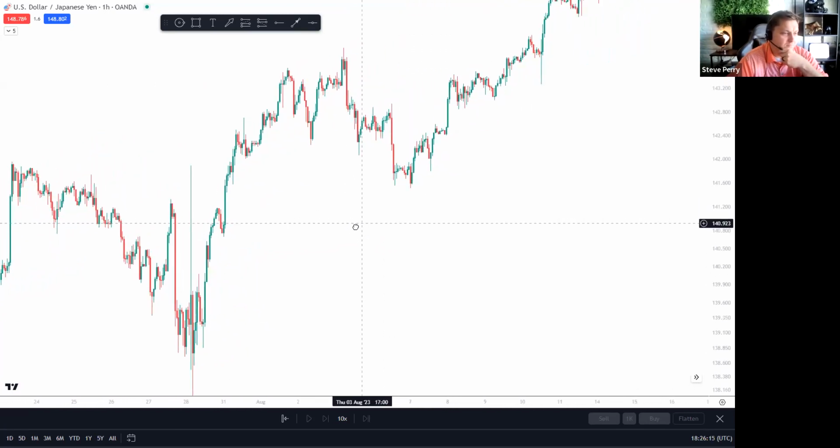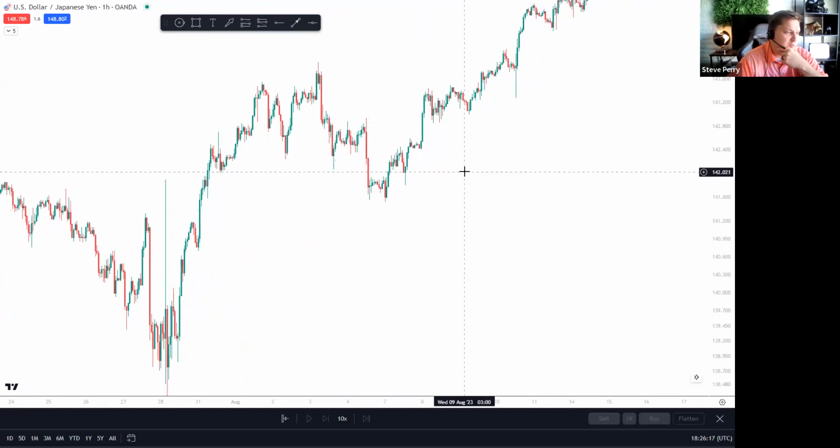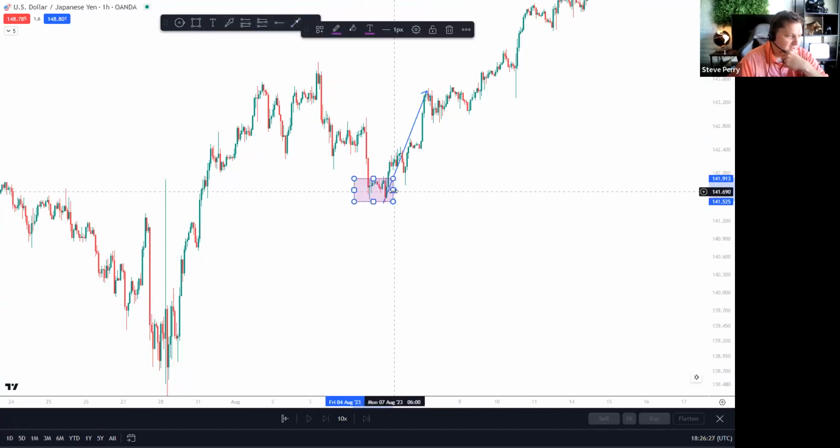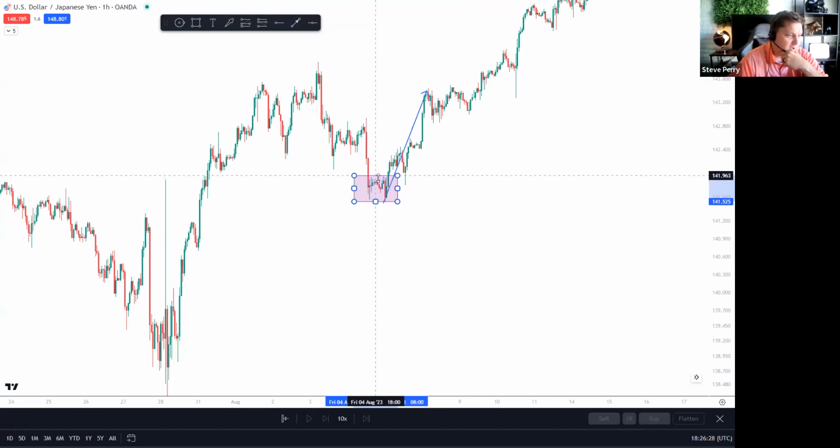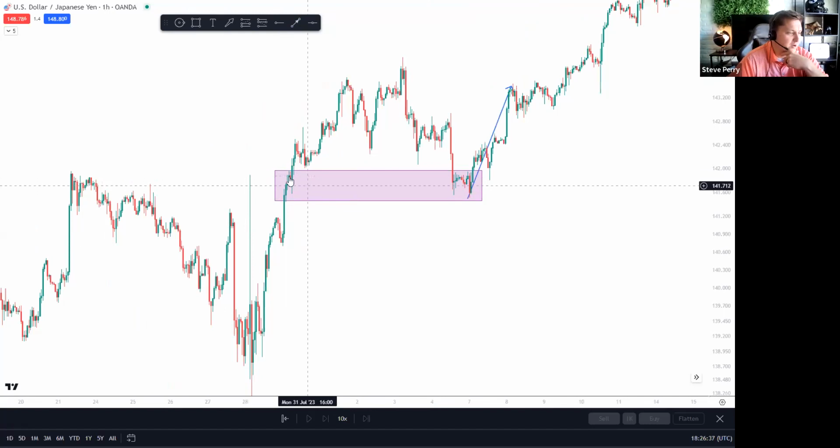Okay, so where are the impulsive moves here? This one's kind of interesting. You have an impulsive move here. The market pulled down into this area, and this is technically liquidity, and we'll use that. But this market pulled into this area. I guess it liked whatever this was right here.